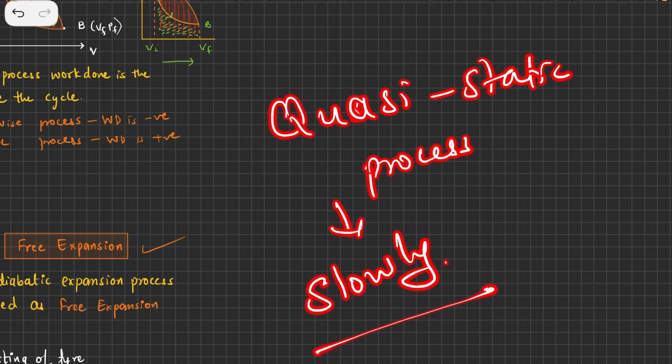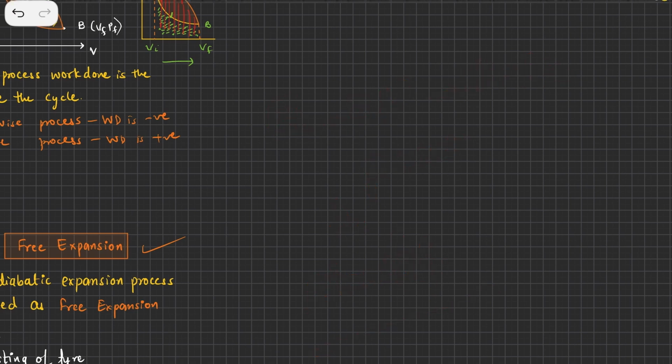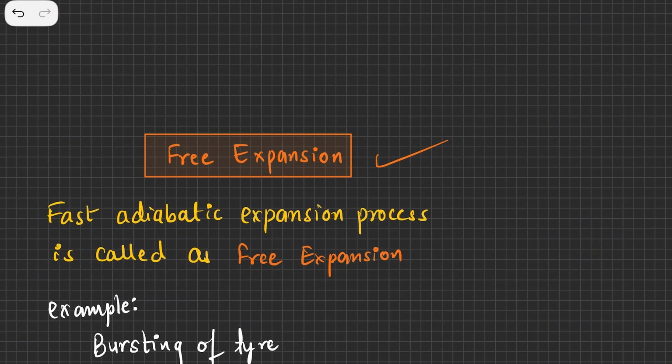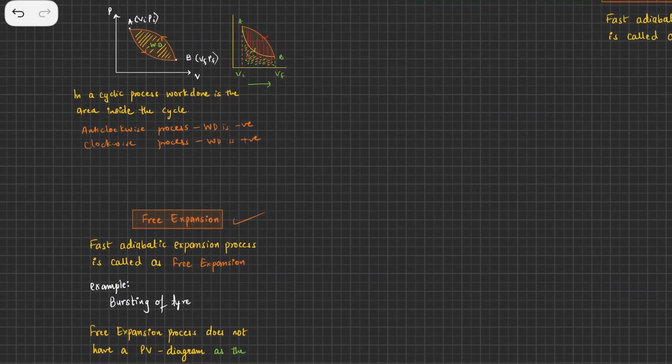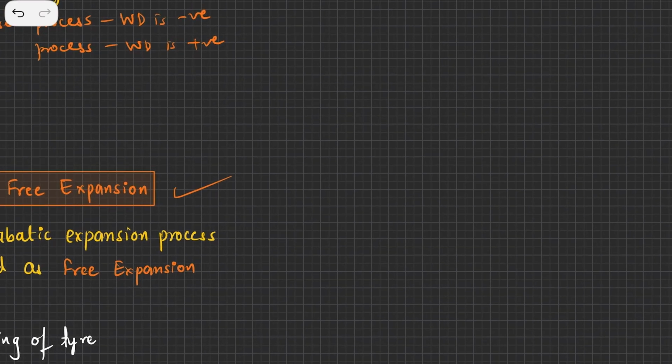Normally a thermodynamic process is considered to be quasi-static, and the reason is we want that the piston should go very slowly, or very slow expansion or very slow compression has to be taking place. Otherwise, if the process is happening very quickly, then we categorize that into free expansion, and even the momentum of the piston will also be considered if we are moving the piston pretty fast.